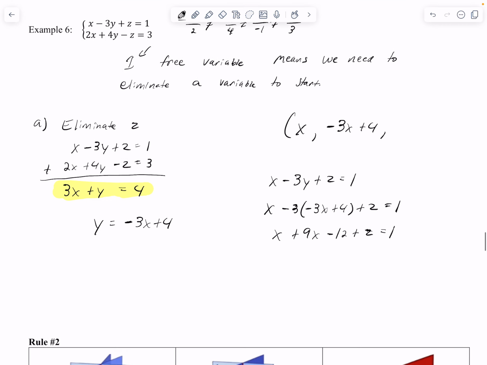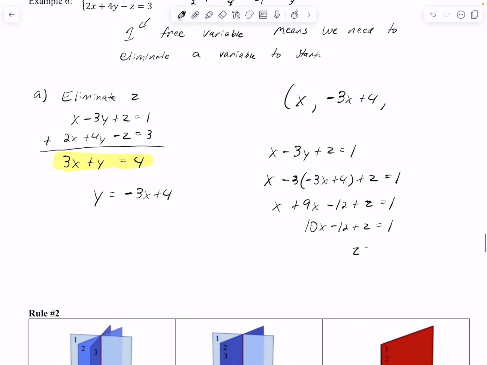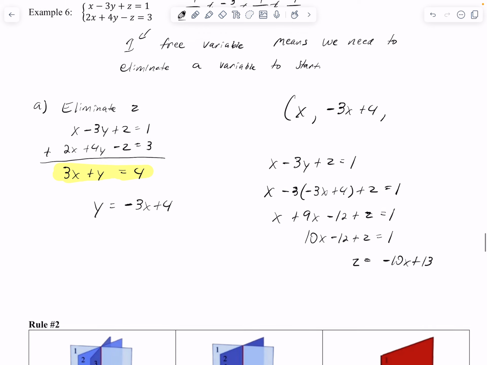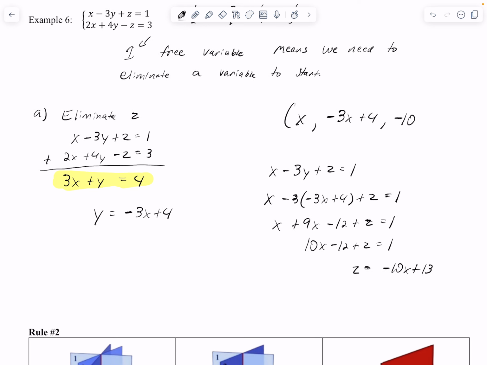Combine like terms, it's 10x minus 12 plus z. Moving everything over that's not z to get -10x, and then 1 plus 12 will be 13. So that's going to be my z. My last part of the solution is -10x plus 13.